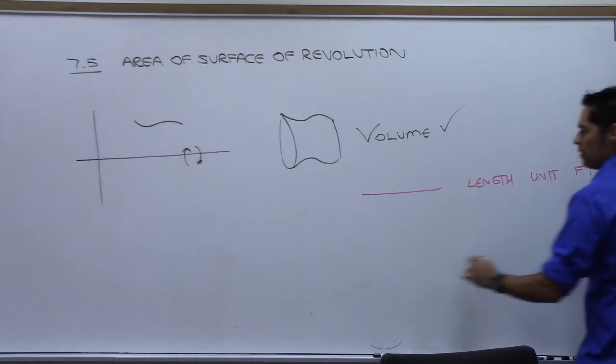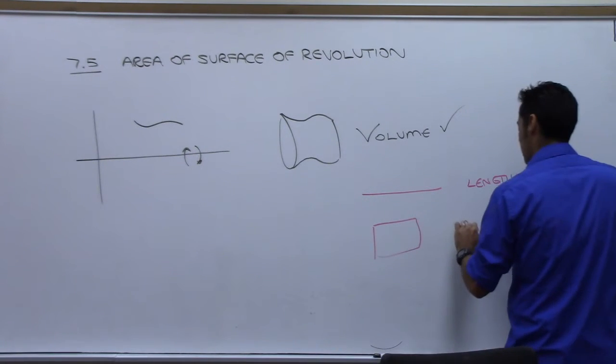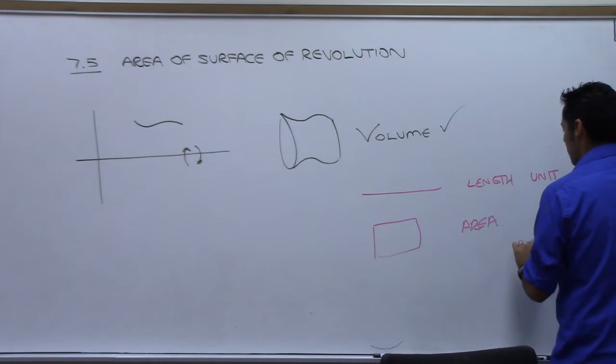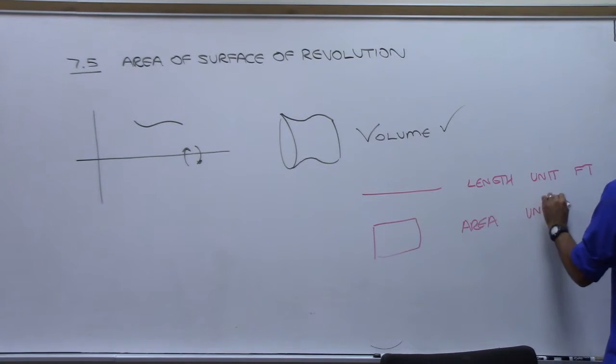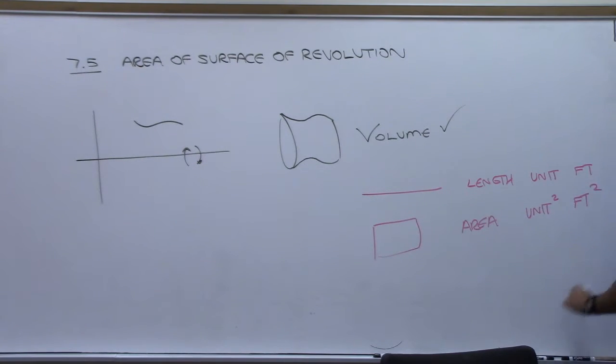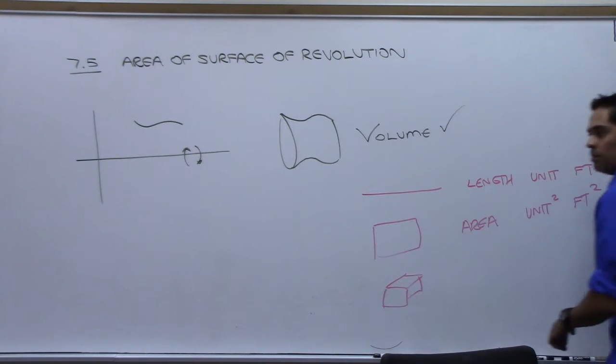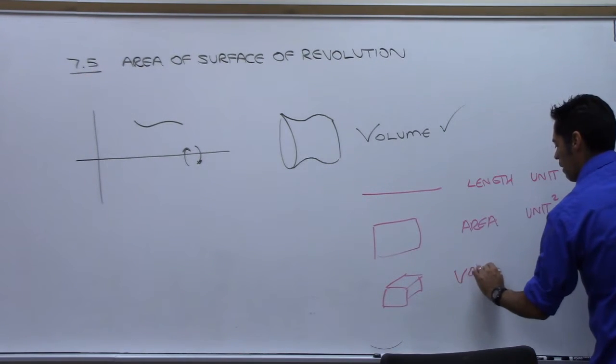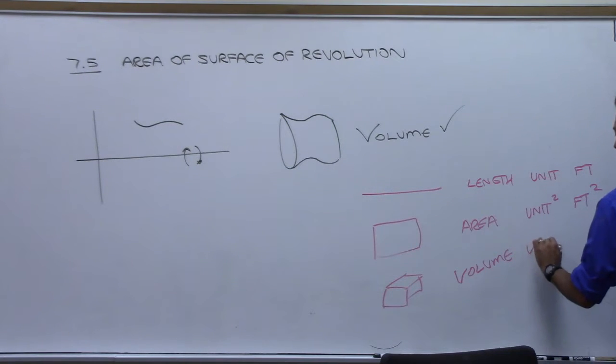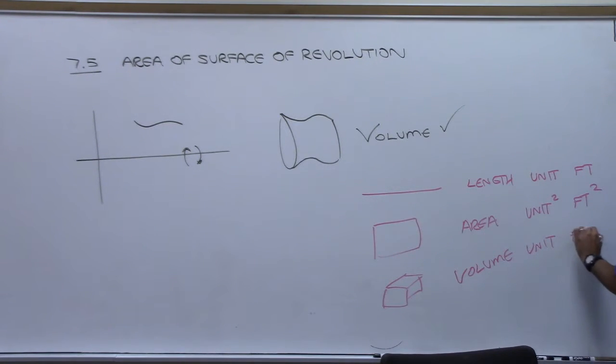If you're going to measure area, you need 2 dimensions. It's your unit squared, so like feet squared. And then if you want to do volume, that's a 3-dimensional thing, so unit cubed. Feet cubed, cubic feet. Yes? We're all comfortable with that, hopefully?